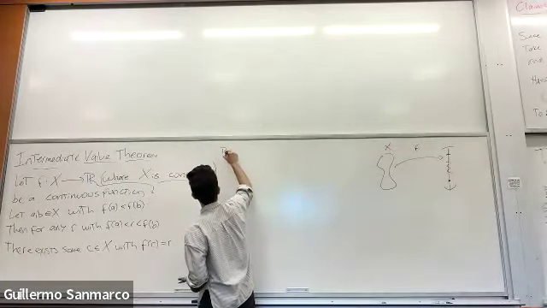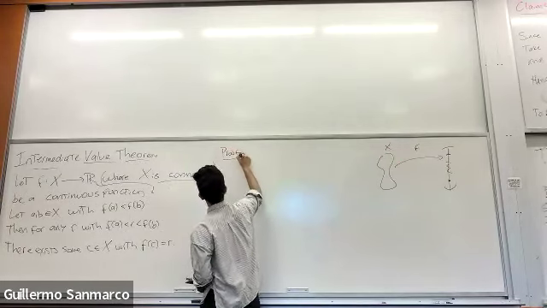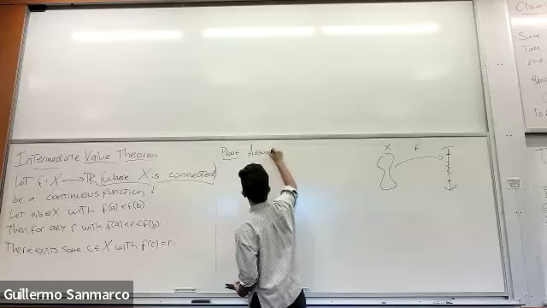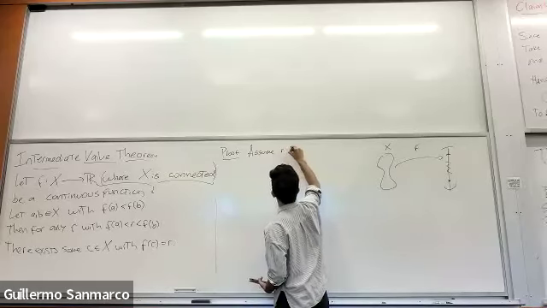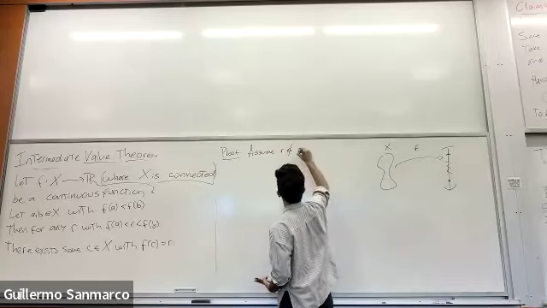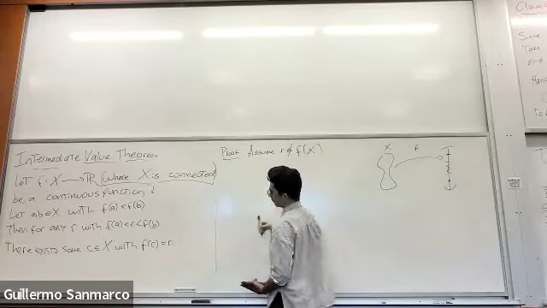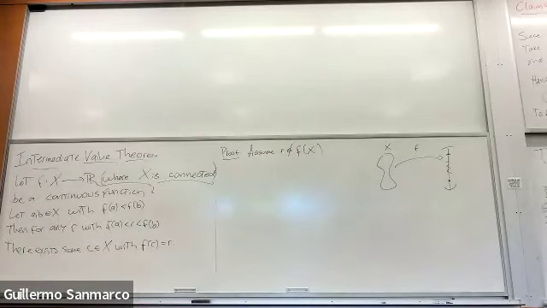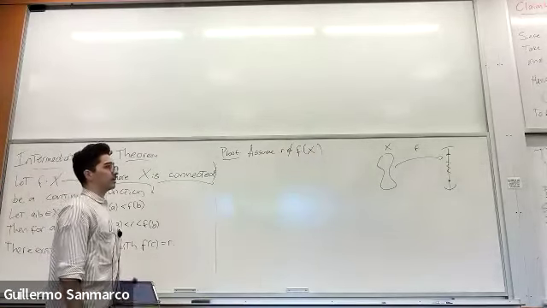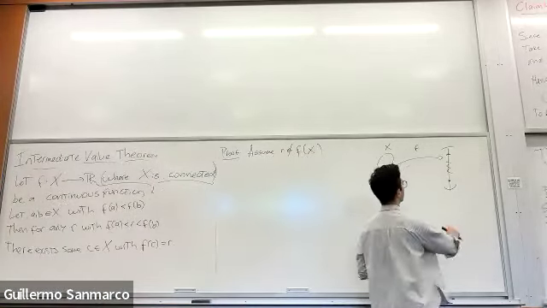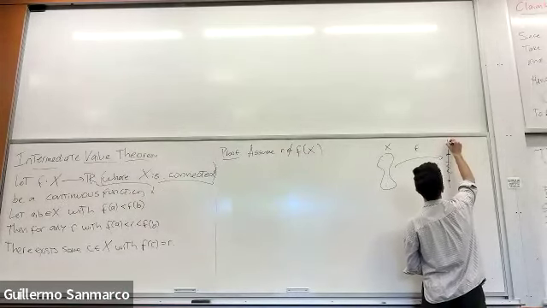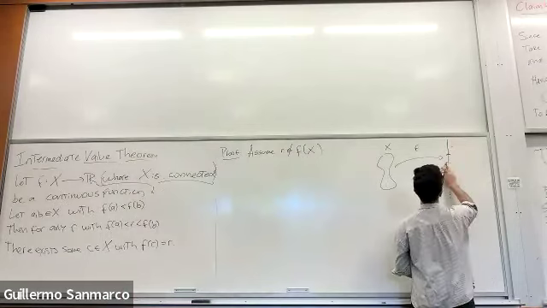So the proof for this, we're going to go by contradiction. Assume we have that this R is not in f of X. So that's what we always mean by this. f of C equals R means R is in the image of f. So what I'm going to do in that case, this is the real line.